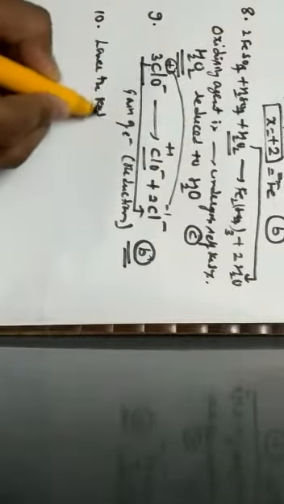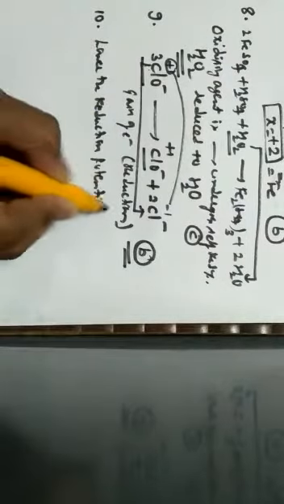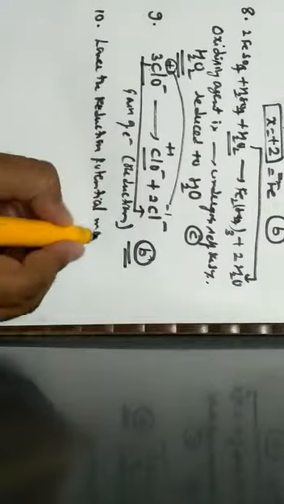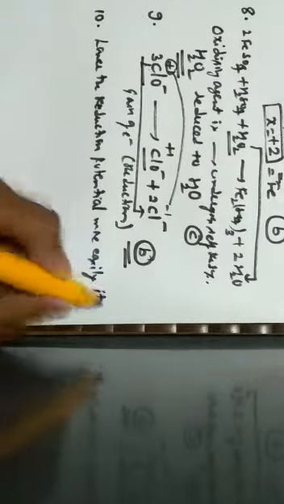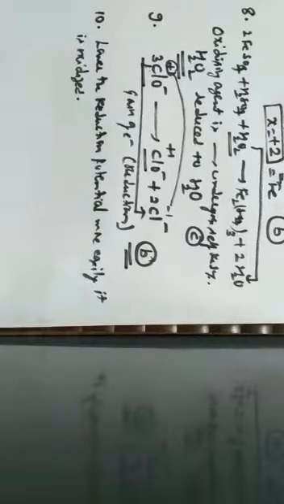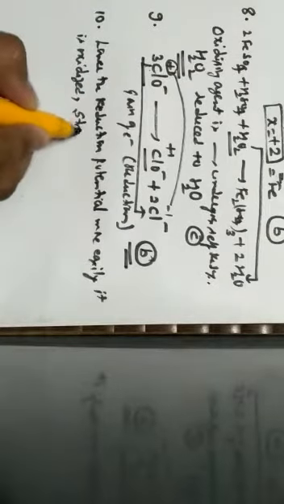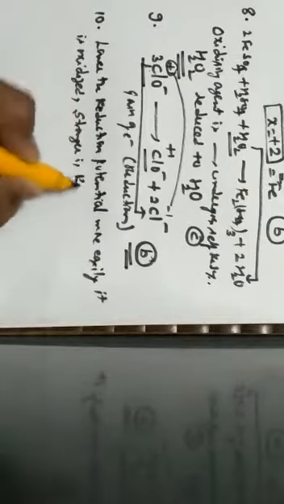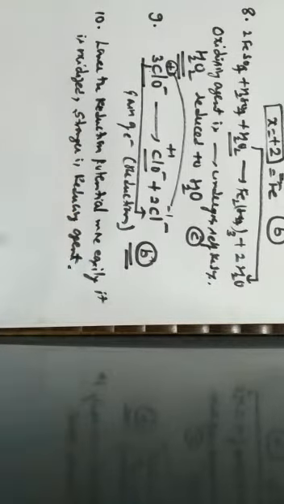Lower the reduction potential, more easily it is oxidized, and stronger is the reducing agent.